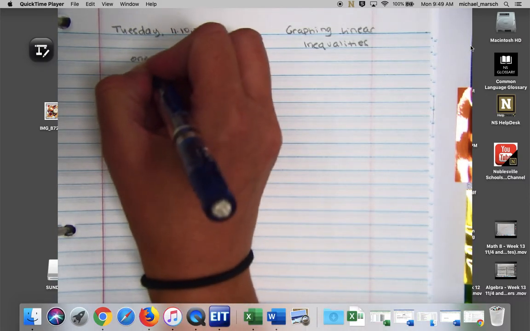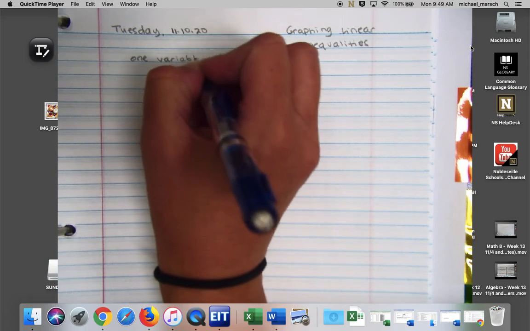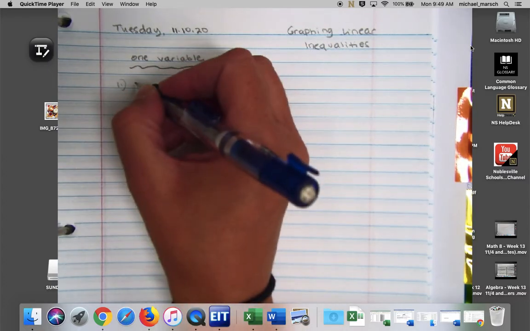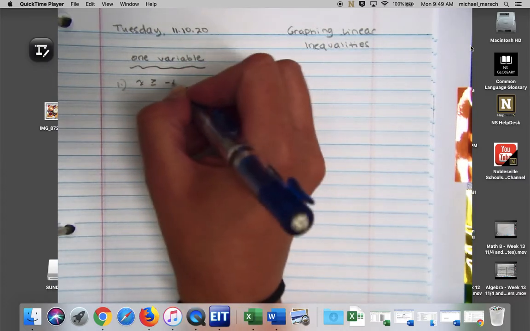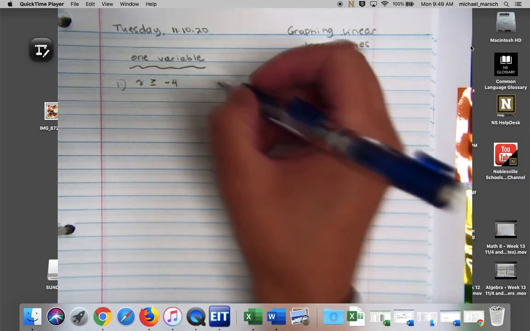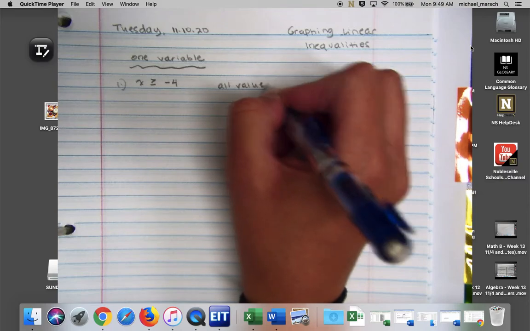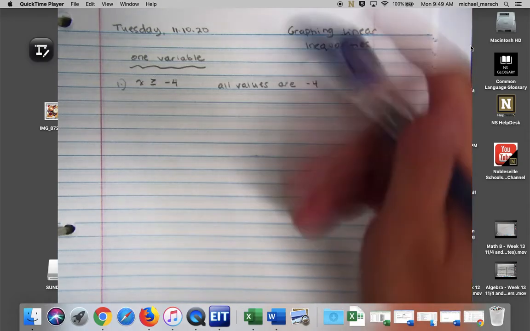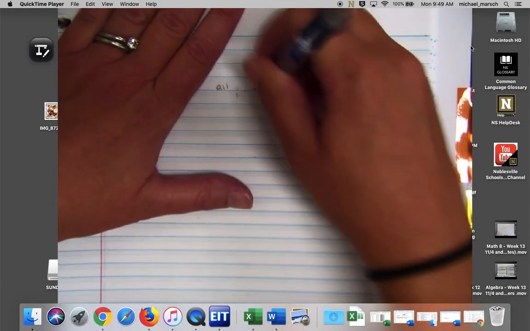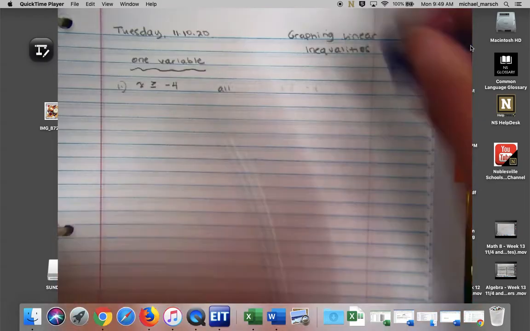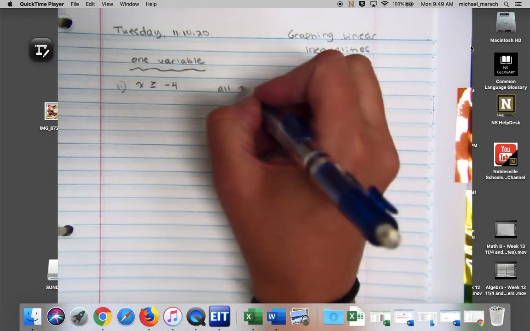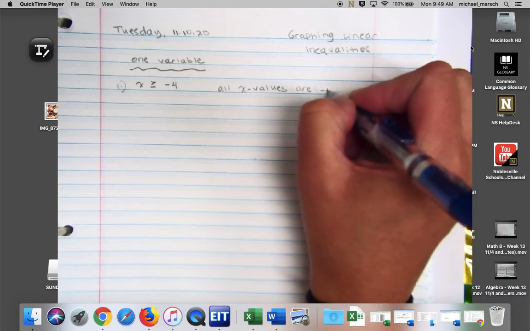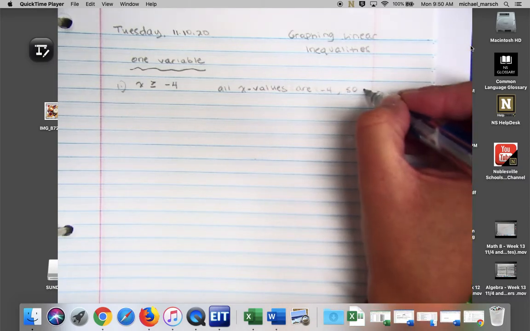First, we're going to start when there's just one variable. Okay, so that's going to be our baby steps into this. So we're going to start with the inequality x is greater than or equal to -4. All right, so that tells us that all x values are -4, so we're going to have a vertical line.